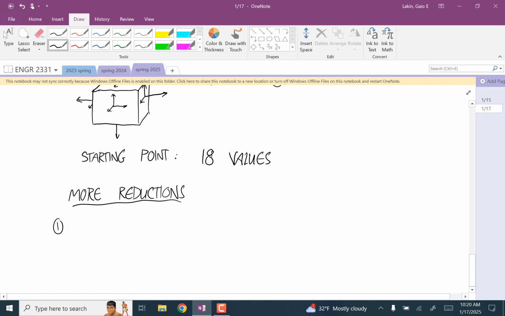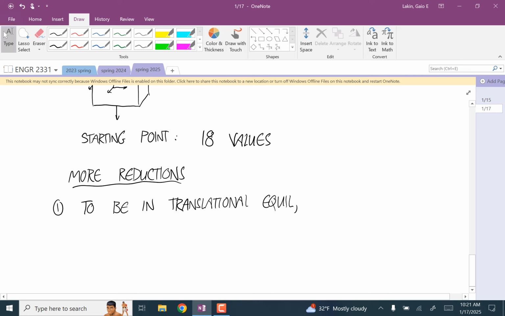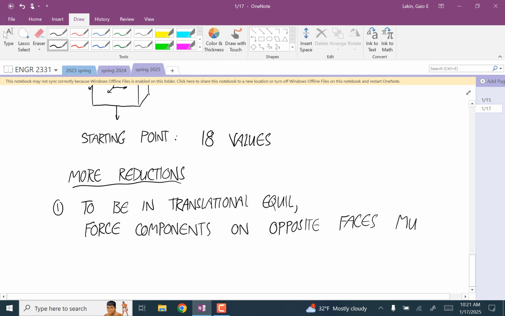So first, in order for this to be in translational equilibrium, in other words, in order for the center of mass not to accelerate, force components on opposite faces must be equal and opposite.